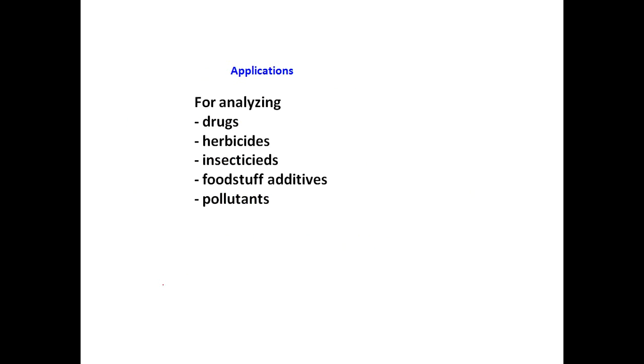As I said, it has many applications. It is applied in pharmaceutical industries for analysis of drugs. It is used in analysis of herbicides, insecticides, foodstuffs, pollutants, pharmacological samples, and many other things. One example we'll see is a well-known insecticide used in the agriculture sector.